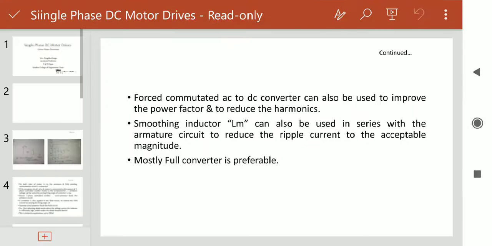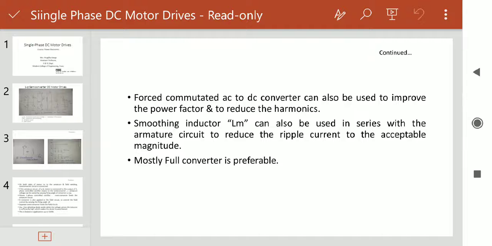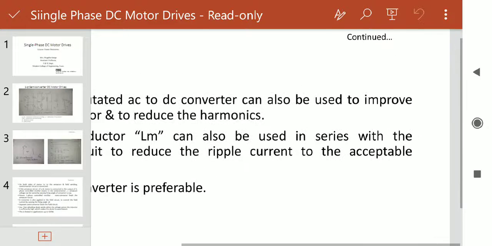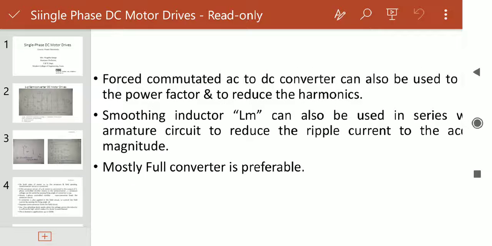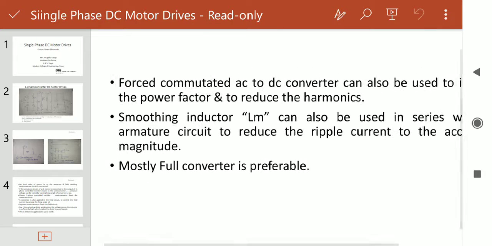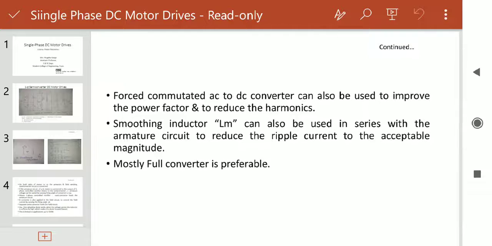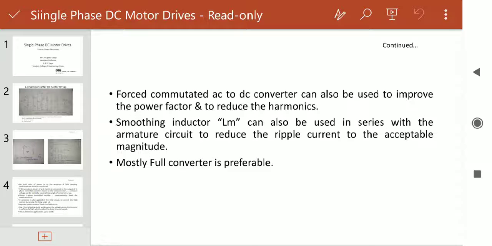Now, force commutated AC to DC converters can also be used to improve the power factor and to reduce the harmonics. We know the power factor is given as the active or useful power to the actual power available to the circuit.